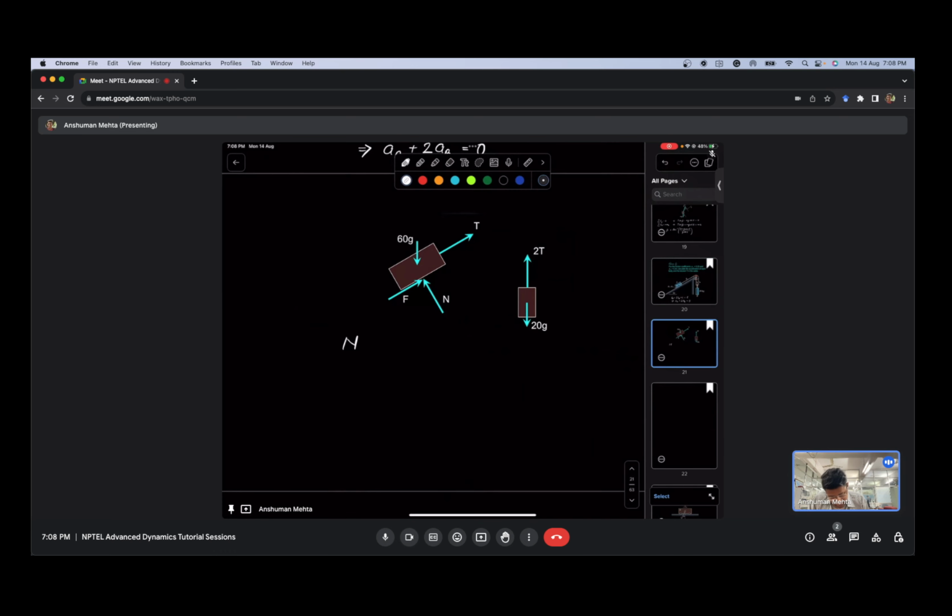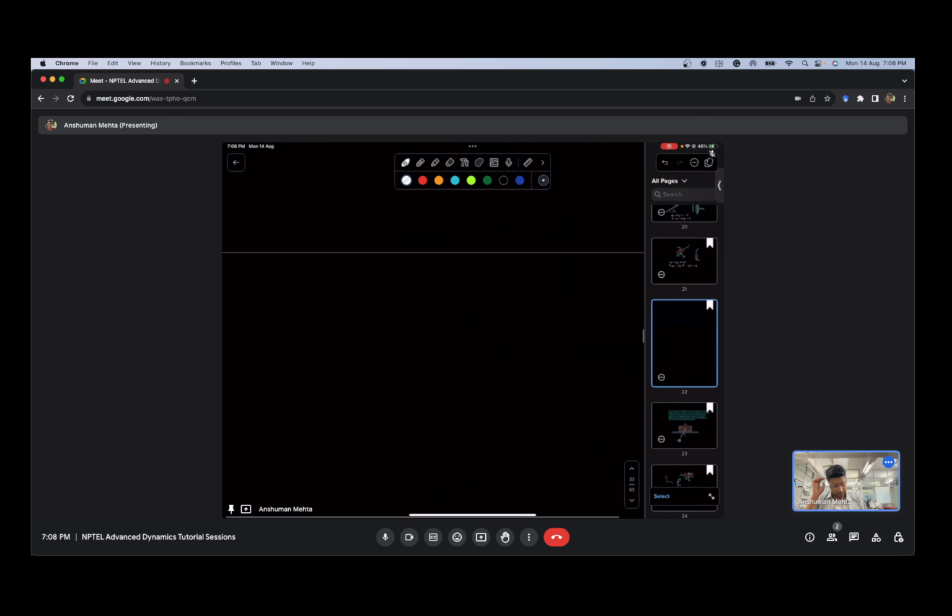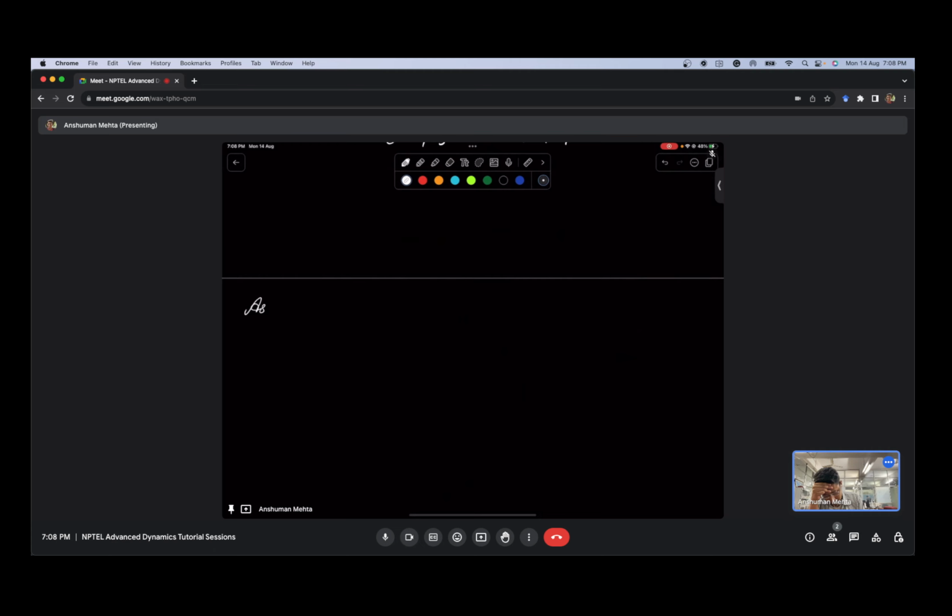Now as you can see, N is equal to 60 g cos 30 degrees, and F max is mu s times this N, which comes out to be 127.4 Newton. We assume motion impends at block A.